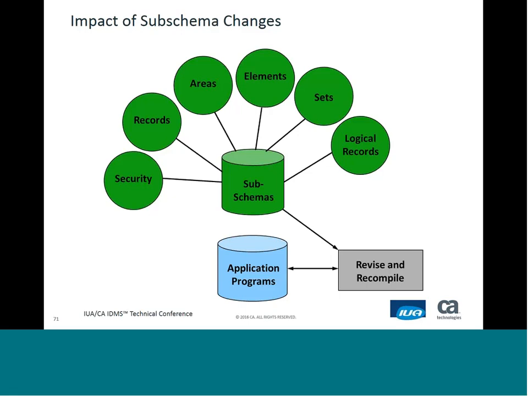Now, you also see on this slide we've got a bubble out there for security. Now, I want to point out that this is not the same security in terms of can a program be executed or can you sign on to the system or something where you might be using external security like ACF2 or Top Secret or RACF.